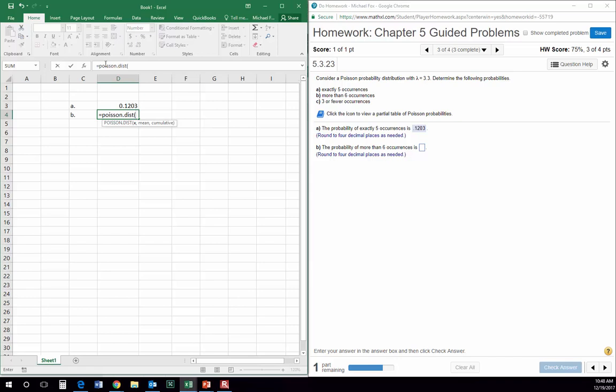Our x will be 6, our mean will be 3.3, and our cumulative in this case will be true. This will return the probability of 6 or fewer occurrences. So to find our answer, we have to take 1 minus that probability, and that's the probability of more than 6.